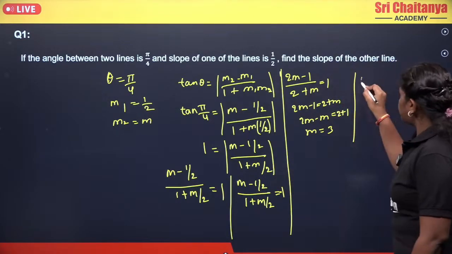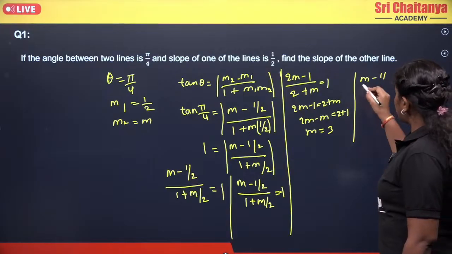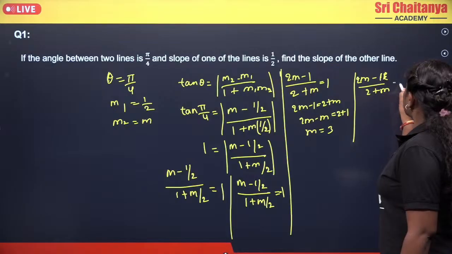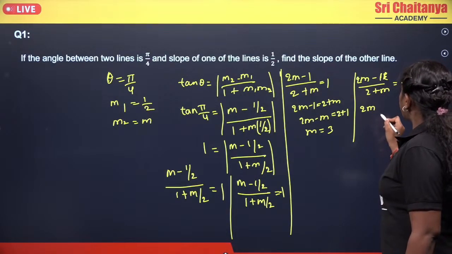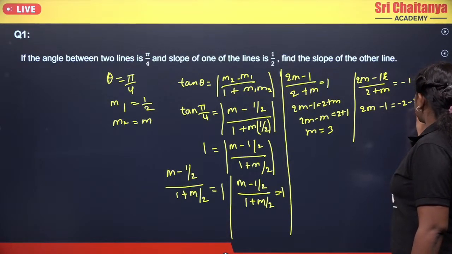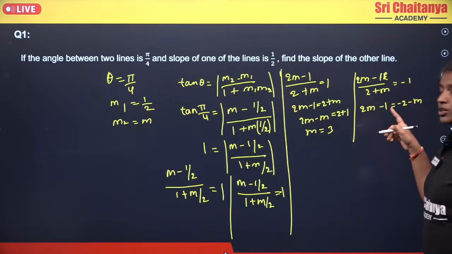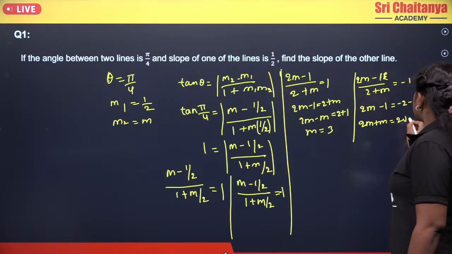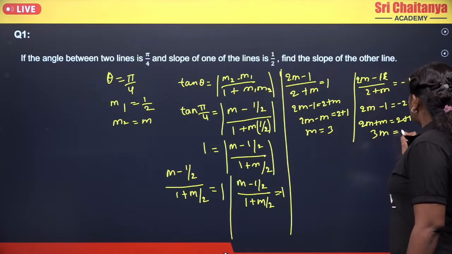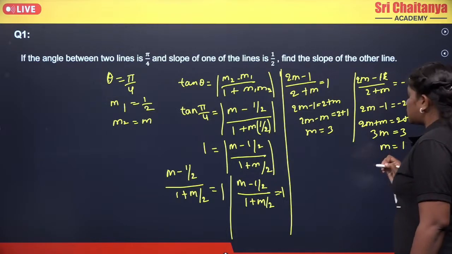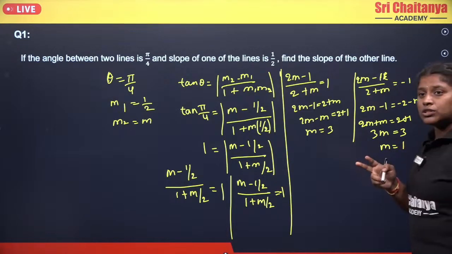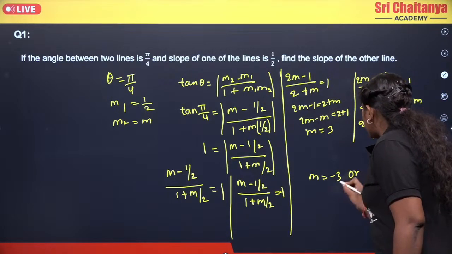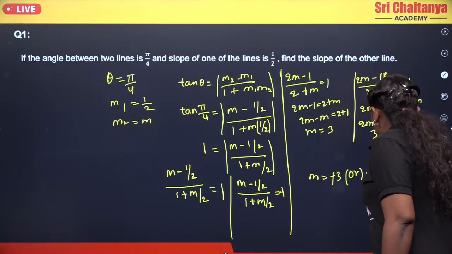Moving to the next, (2m minus 1) by (2 plus m) equals minus 1, so 2m minus 1 equals minus 2 minus m. Now minus m crossing over becomes plus m, so 2m plus m equals 2 plus 1, so 3m equals 3, and from this m equals 1. So we got two values for m: m equals 3 or m equals 1.